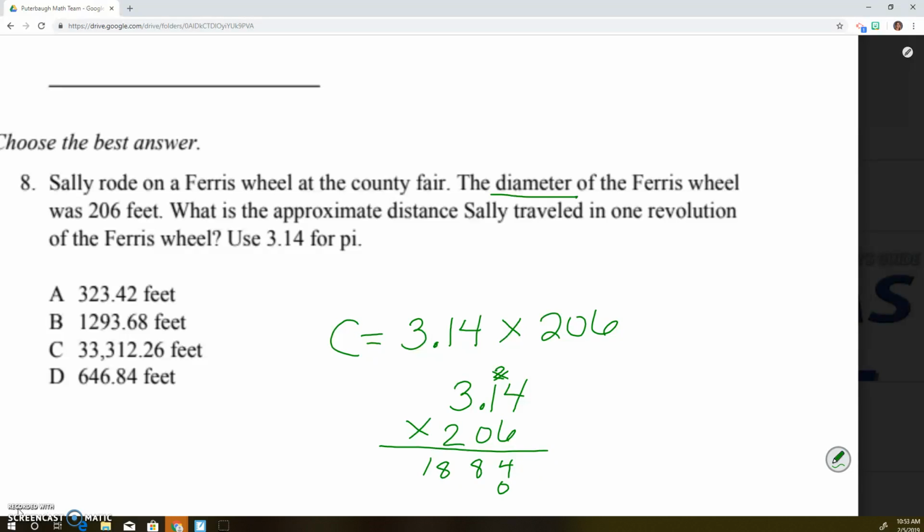Okay. 0 is a placeholder. 0 times 4? 0 times 1? 0 times 3? 2 zeros as placeholders. 2 times 4? 2 times 1? 2 times 3? And then I add it all up, correct? Okay, so I added them all up. How many numbers are behind a decimal? 2. So I should have 646.84.